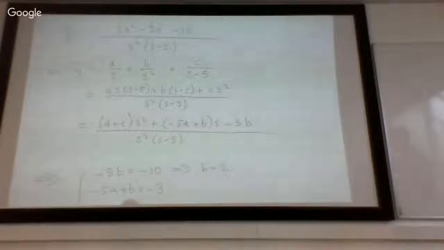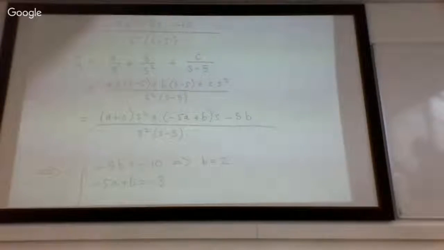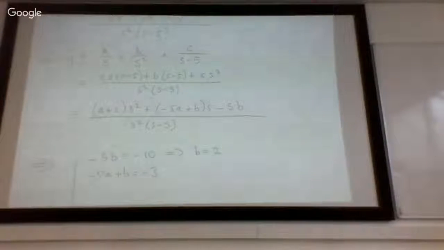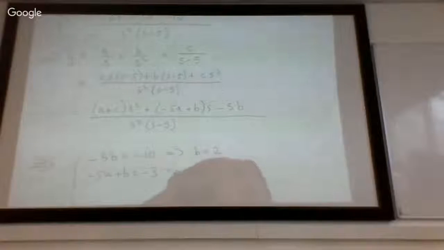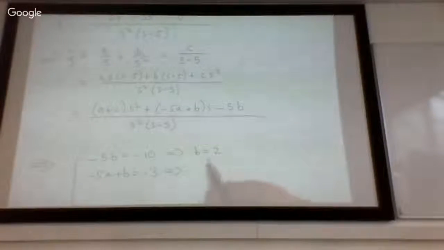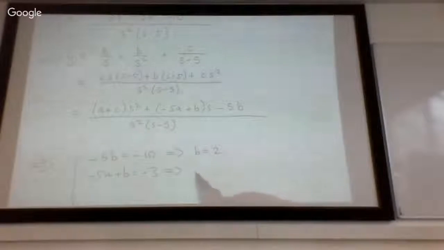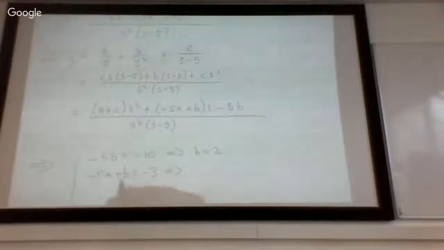So when you put in B equals 2, you get a plus 2 on the left-hand side, and a minus 5 on the right-hand side once you bring it over.